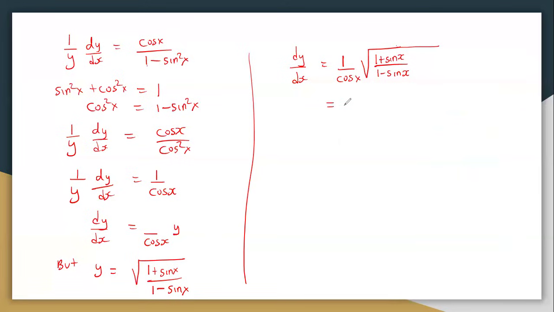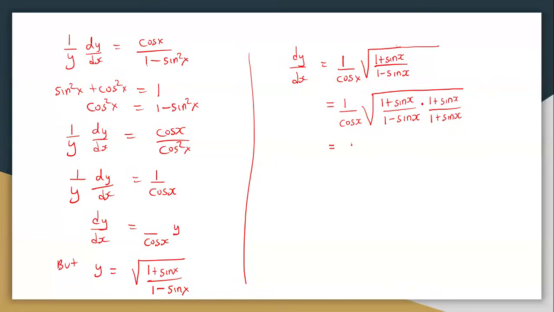Let me first repeat from this point. So here, I'm going to have 1 out of cos of x into 1 plus sine of x into 1 minus sine of x. Now I can rationalize, though I will show you the second approach that could be even much easier. So if you rationalize, you'll get 1 plus sine of x out of 1 plus sine of x.